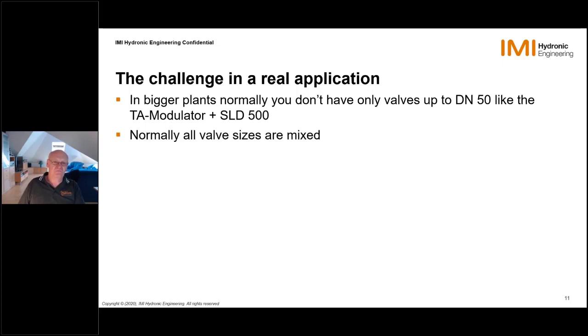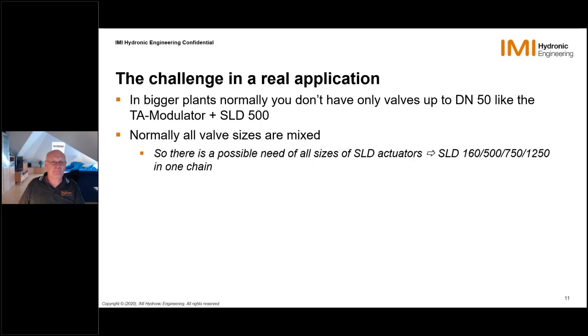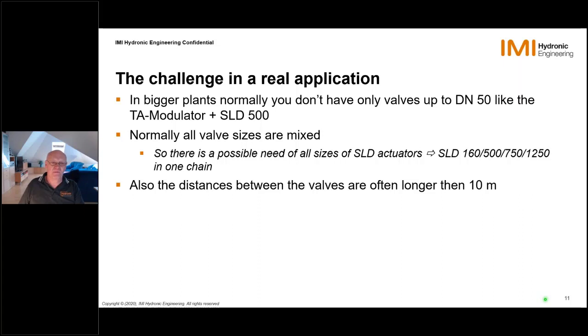Normally in a real plant, all valve sizes are mixed. And then we need the 160 up to the 1250 slider in one chain. How can we solve this problem then?